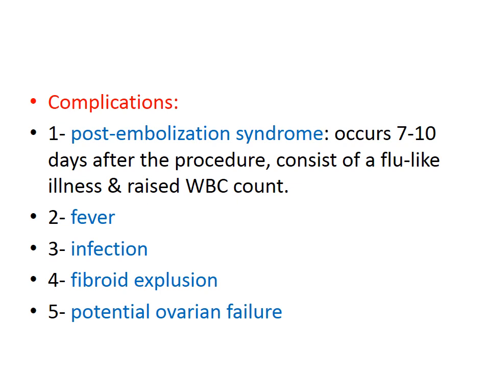This usually occurs 7 to 10 days after the procedure and consists of a flu-like illness and a raised white blood cell count. Other possible complications are the development of fever, the occurrence of infection, fibroid expulsion, and potential ovarian failure.